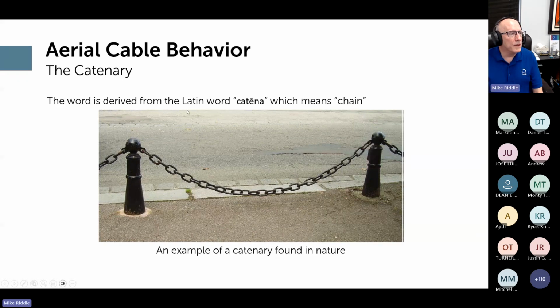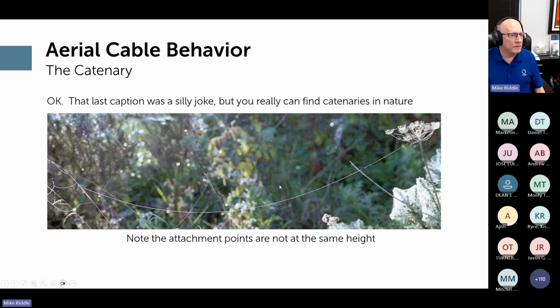So the word itself comes from the Latin word catena, which means chain. Here's an example. Now, the last caption said an example in nature, a little bit of a joke, but you really can find catenaries in nature. Here's a picture of a spider web.